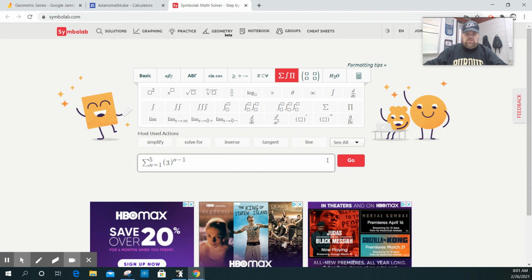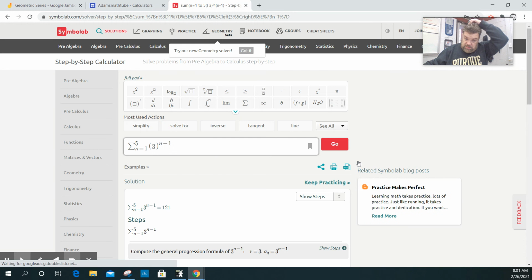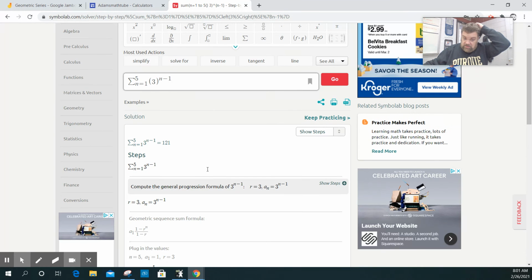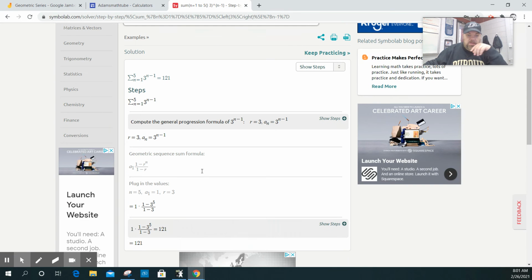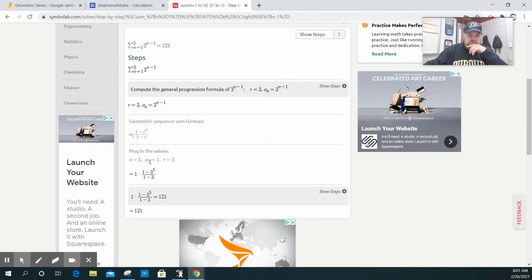If I hit go, the nice thing about this is it'll actually show you the numbers: the initial term was 1. Remember I said if there isn't an initial term listed, then it will be 1. The common ratio is 3, and we go all the way till n equals 5.